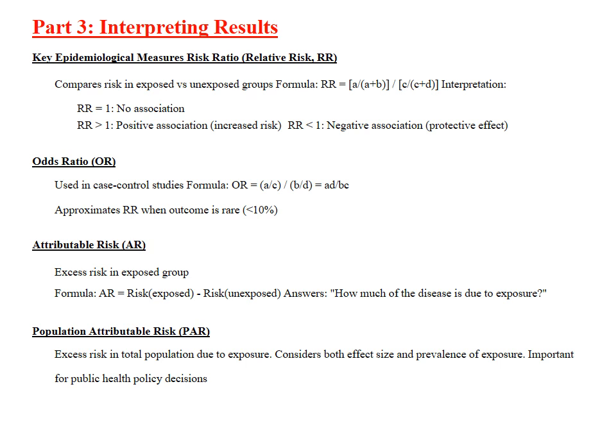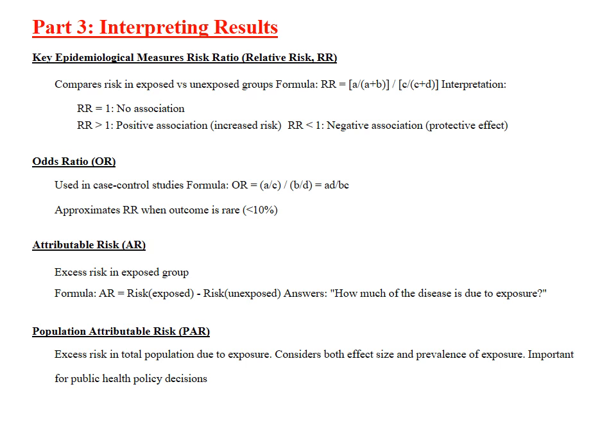Interpretation: RR equal to 1 means no association. RR more than 1 is positive association, and if it is less than 1, it is negative association. Odds ratio is used in case control studies. This is the formula, and it approximates relative risk when the outcome is rare, like less than 10%.